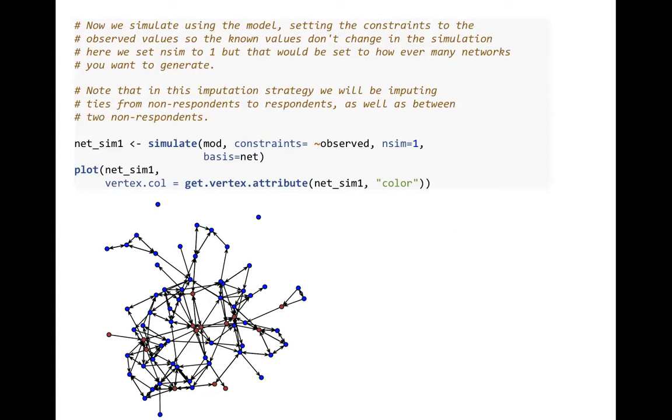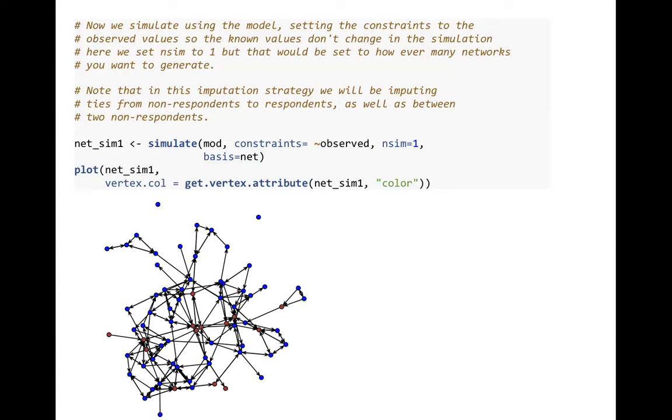Importantly, we're going to constrain that simulation when we predict where edges should exist, and we can constrain it on the observed edges. What does that mean? If we know in the original matrix there's a 0 or a 1, so we know there's a friendship or not, we're going to hold those fixed. We're going to assume that is true, observed data and not allow it to change when we do a simulation.